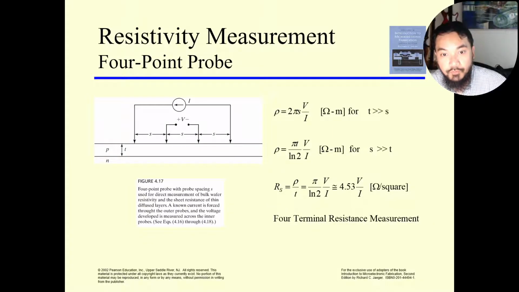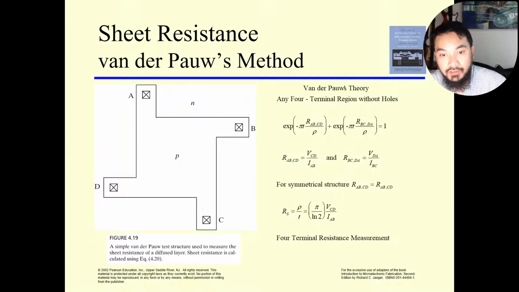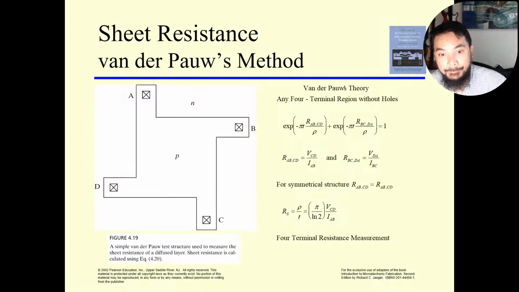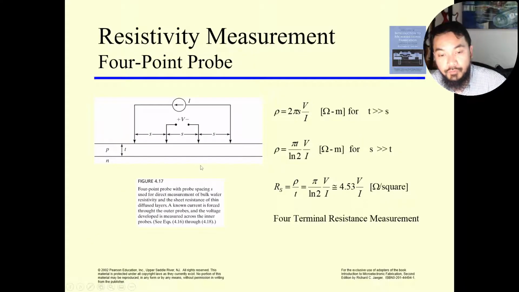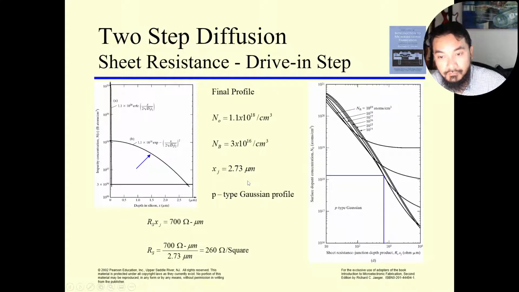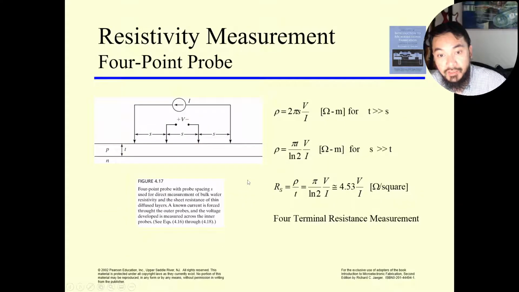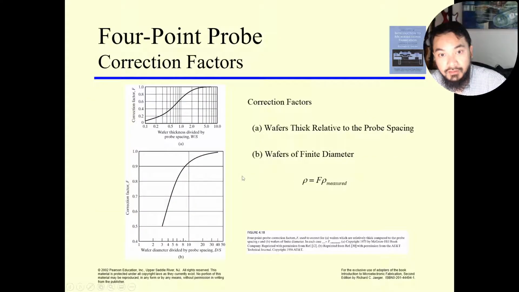For example, the 4-point probe and all that are quite straightforward for you to understand. These are the methods we use. The 4-point probe is to measure the actual sheet resistance. We can estimate the sheet resistance, but how do we actually measure it? By using a 4-point probe.